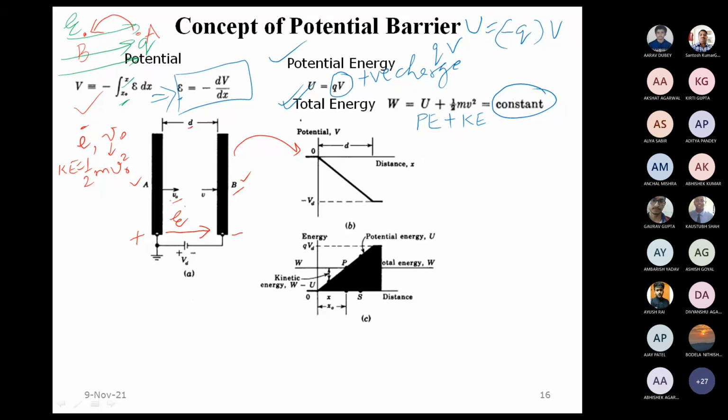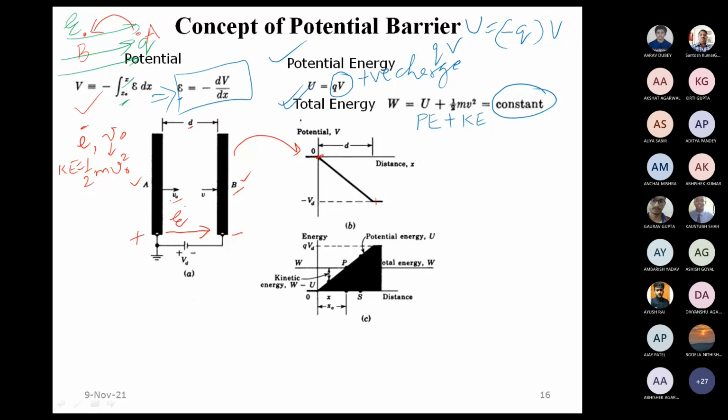But in this diagram, we can see that the reference potential for plate A is 0, whereas plate B is at minus V D voltage. So there is a linear variation from 0 to minus V D, the voltage is decreasing.